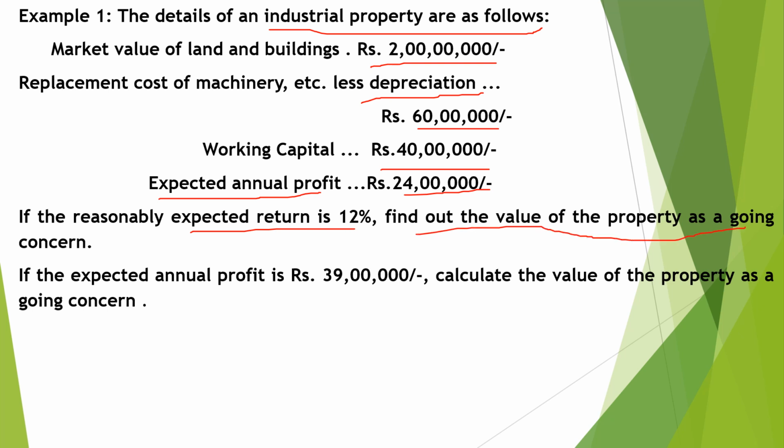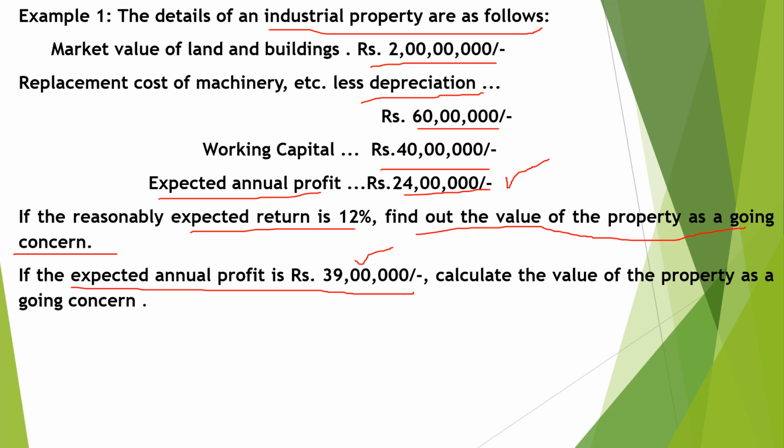See here, you have to find the value of the property as a going concern. So how can we proceed in this case? And second, you are asked to find the value of the property as a going concern if the expected annual profit is 39 lakh. In the first case, expected profit is 24 lakh, and in the second case, expected profit is 39 lakh.